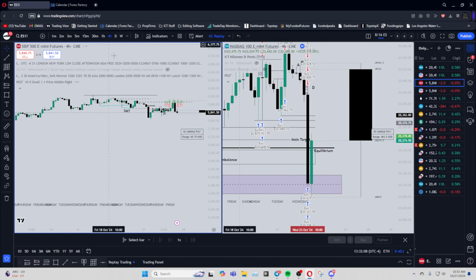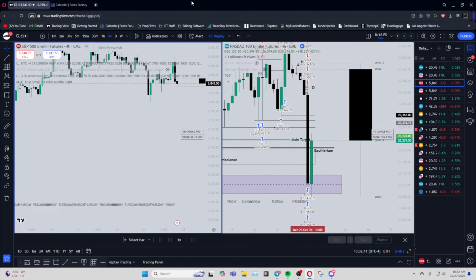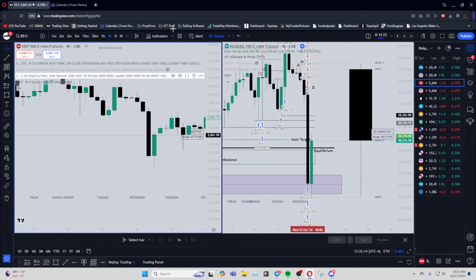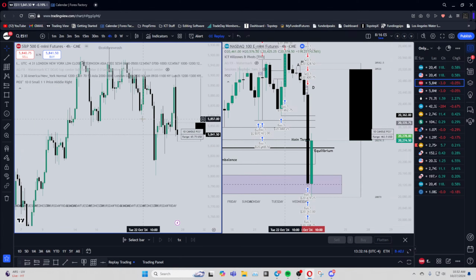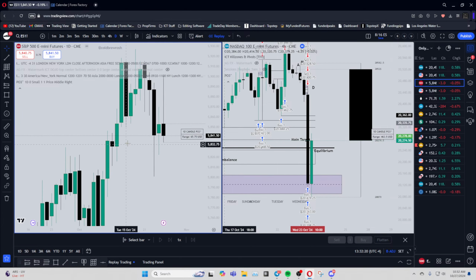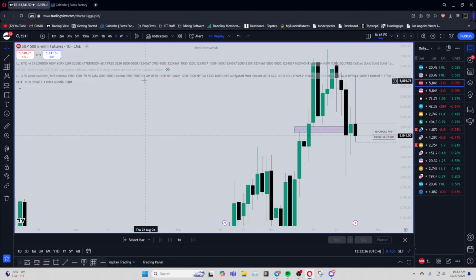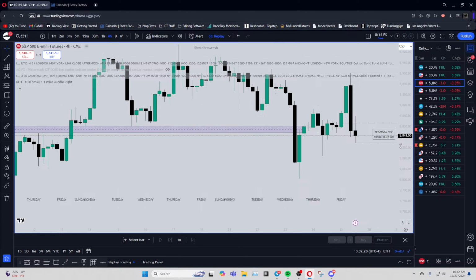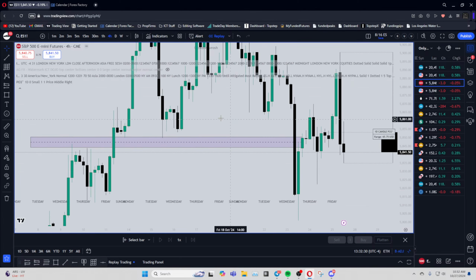And let's see at this point what ES has done. Okay, so Wednesday traded lower to this fair value gap right here, sweeping all these lows.